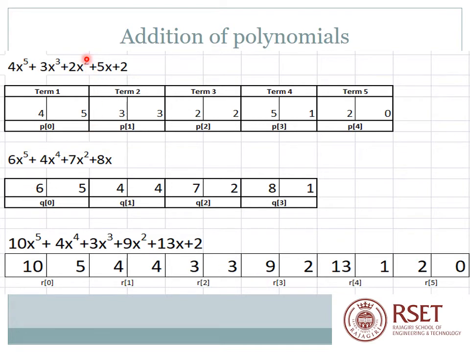Again, you perform a comparison between 2x square and 7x square. There the exponents match. So you will be adding the coefficients 7 and 2 and you will be storing the resultant coefficient here and copy any of the exponents. So since you have manipulated with all the three arrays, you will be advancing the index variables of all the three arrays.